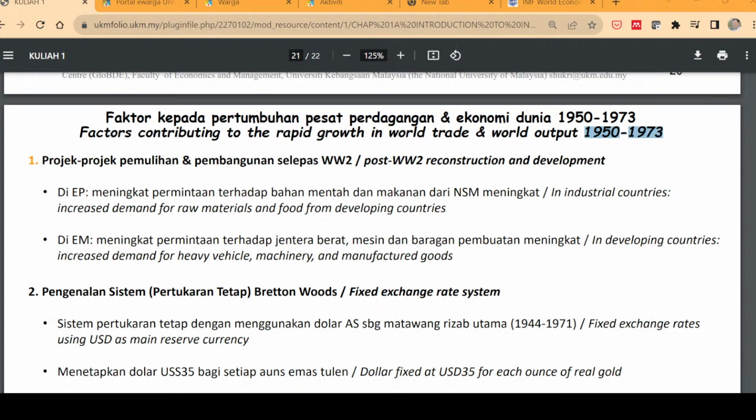So as a result of reconstruction after the war, international trade grew very, very rapidly, with the result that the rate of growth of the world economy increased.